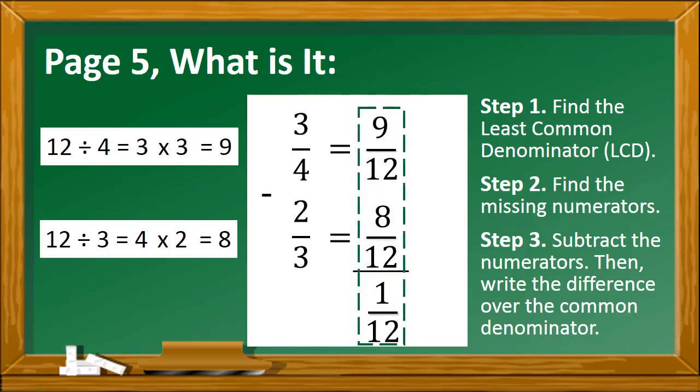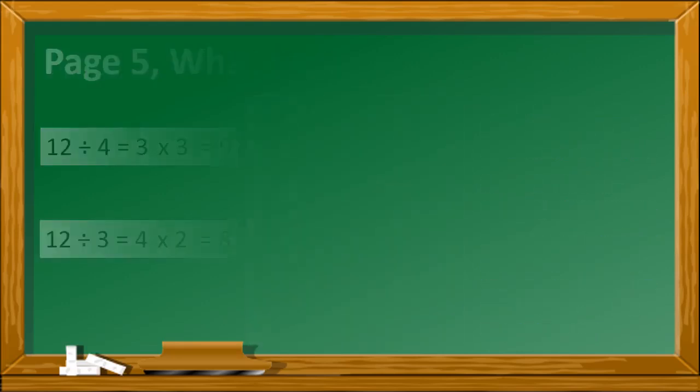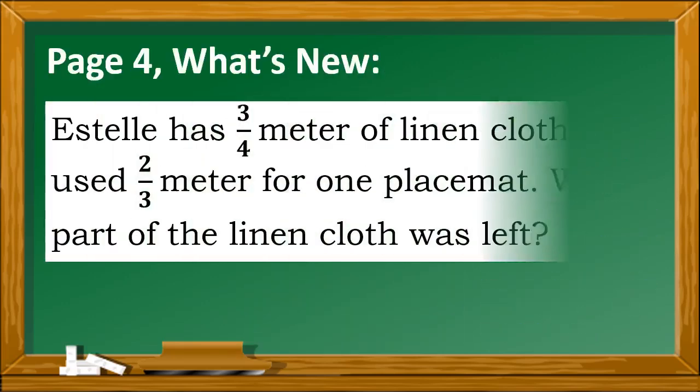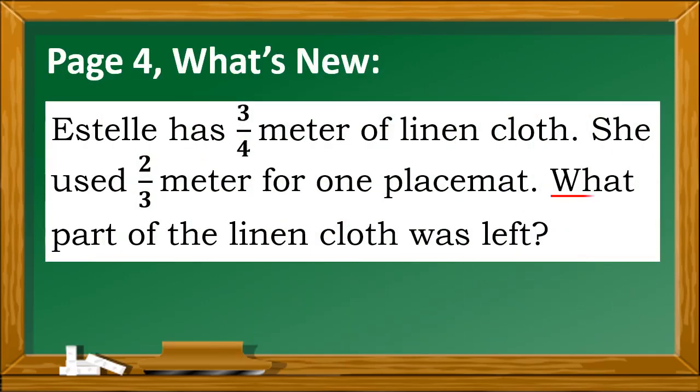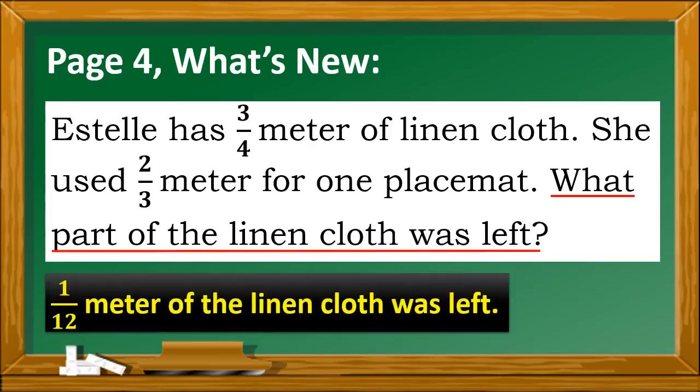So, 9/12 minus 8/12 is equal to 1/12. Therefore, the answer to the question, what part of the linen cloth was left, is 1/12 meter of the linen cloth was left.